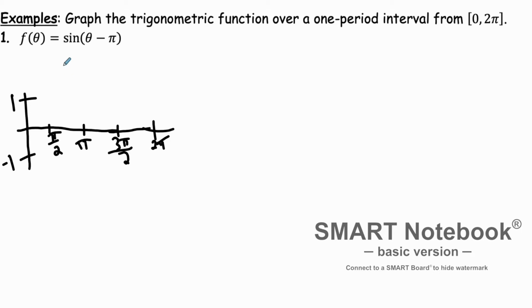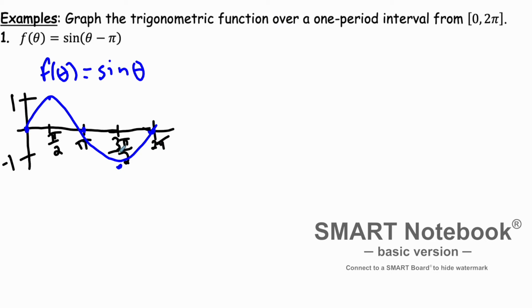Our graph, again, we've seen this a lot over the last 5 days of notes. The graph of sine theta or sine x is going to have this general look to it for our parent function. And again, if you have no idea what I'm doing right here, that is probably because you need to get caught up on some video notes, all right? So go back, catch up, rewatch all of those, and you'll see what we're doing here.